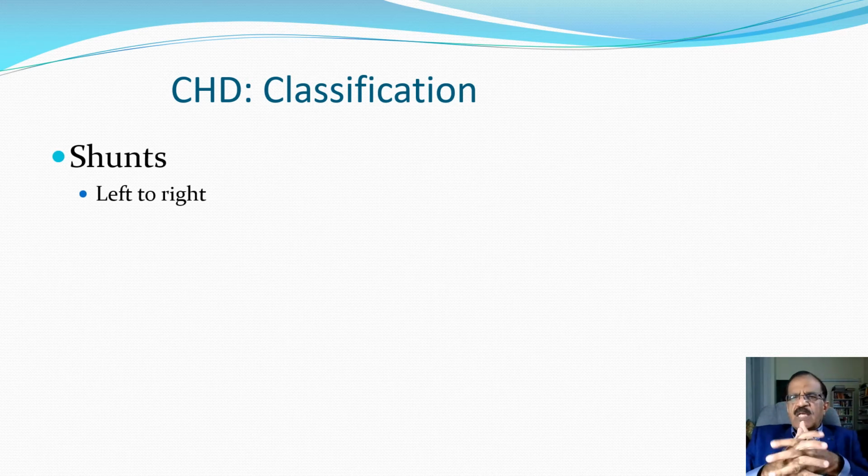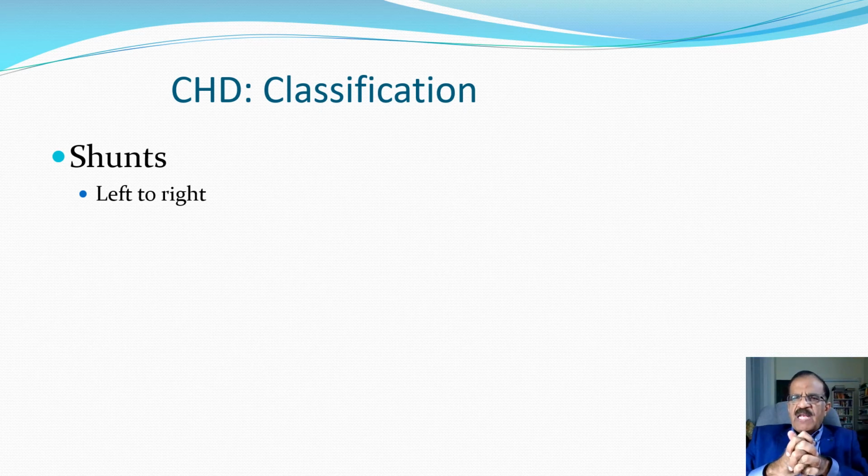First of all, some congenital heart diseases may be characterized by a shunt. Shunt means abnormal communication between two sides, right versus left. Now, you know that in a normal person, pressure on the left side is always higher as compared to pressure on the right side. The left side system is a high pressure system.